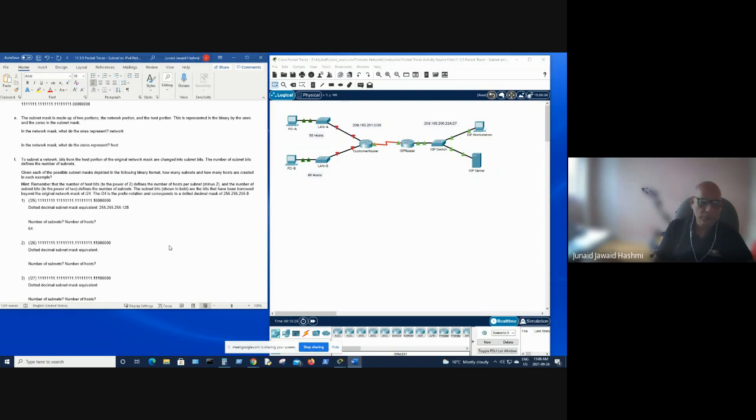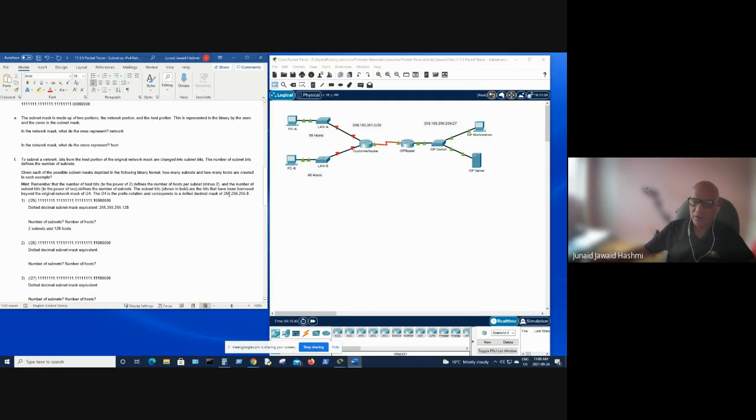No, 2 subnets and 128 hosts. So you have 2 subnets and 128 hosts. Okay. How do we come up with this?